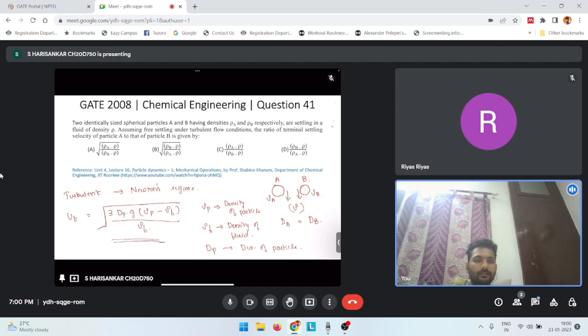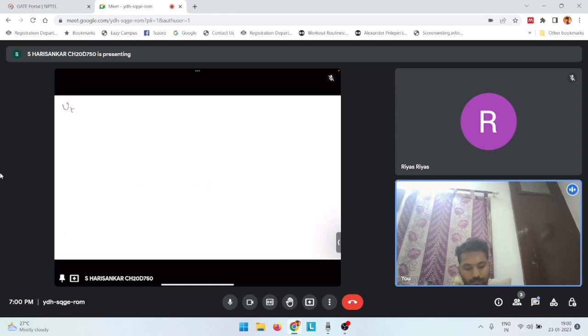So what we'll try here is we'll substitute this equation for both the particles A and B. So for particle A, the settling velocity UTA will be root of 3 dA into G into (rho A minus rho) by rho.